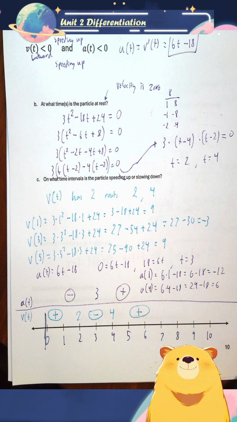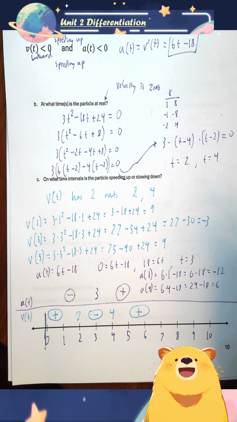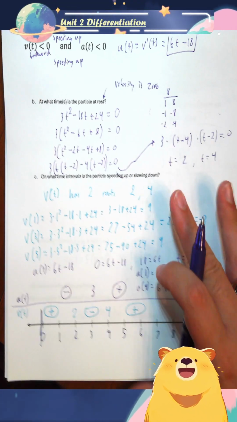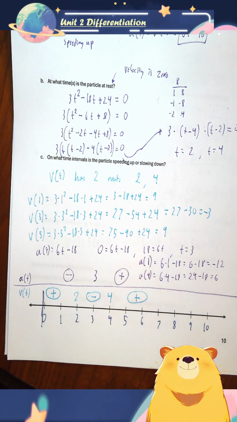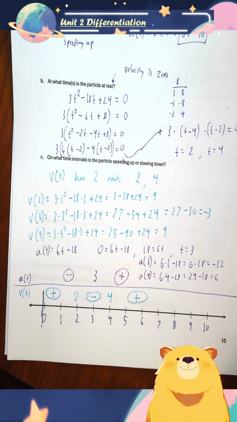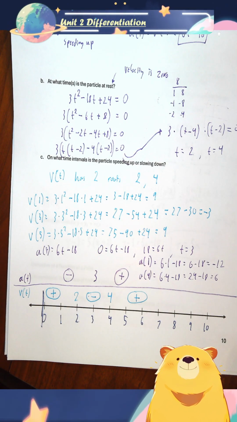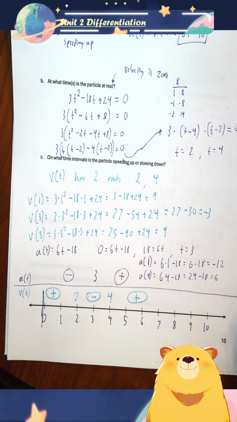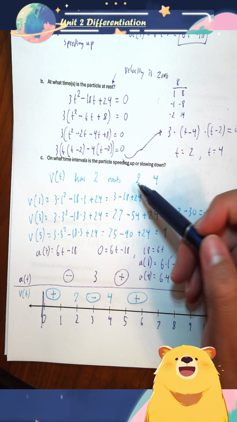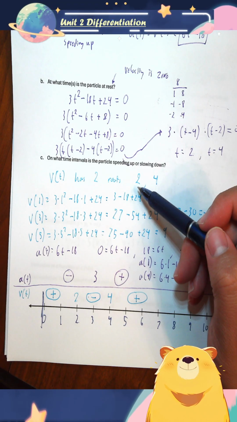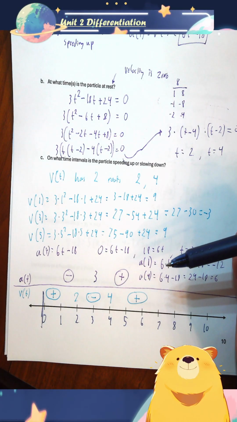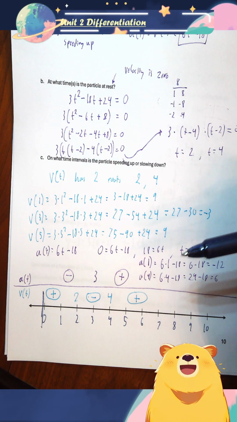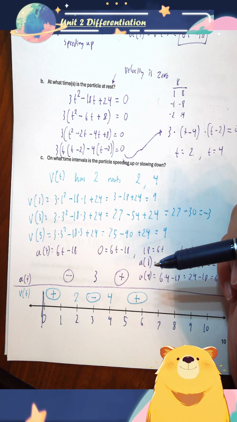So now we have all the work done, but now we just need to do, oh, I hit the camera by accident. But now we just need to do the pattern solving. At what time intervals is the particle speeding up or slowing down? So remember, speeding up is when both values of the function are matching. So they're both positive or they're both negative.